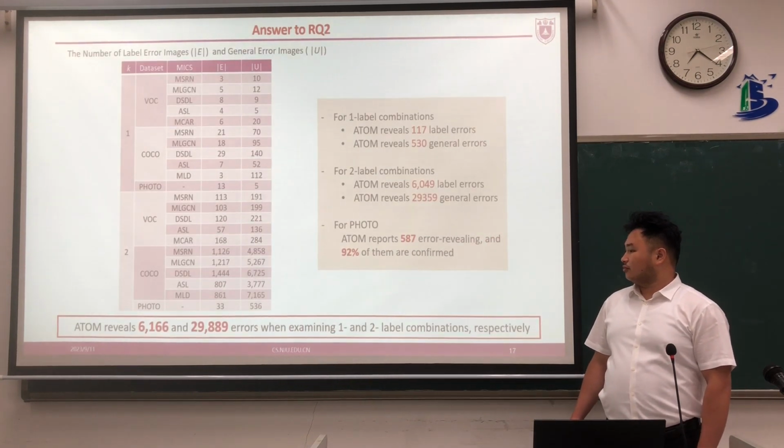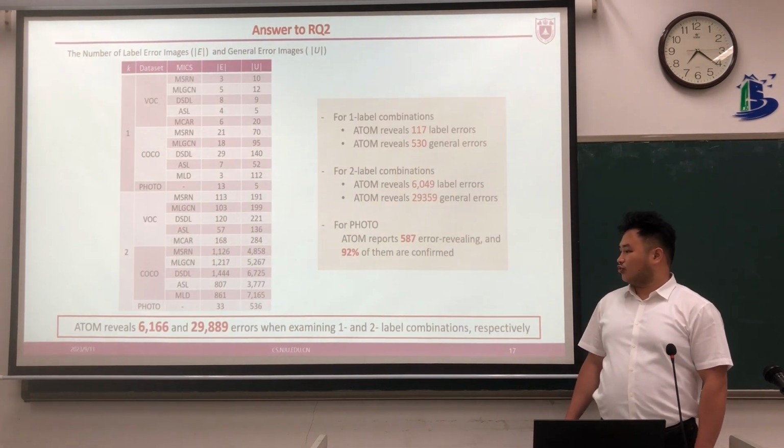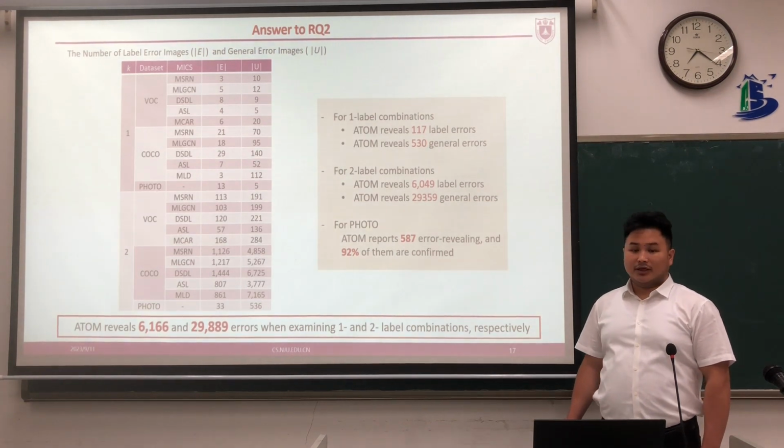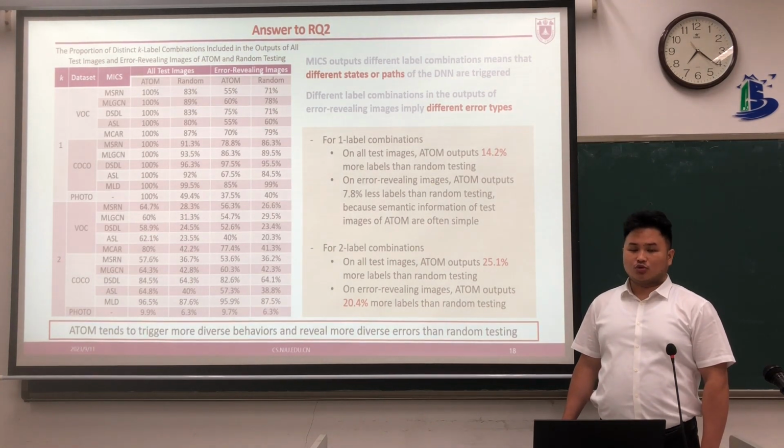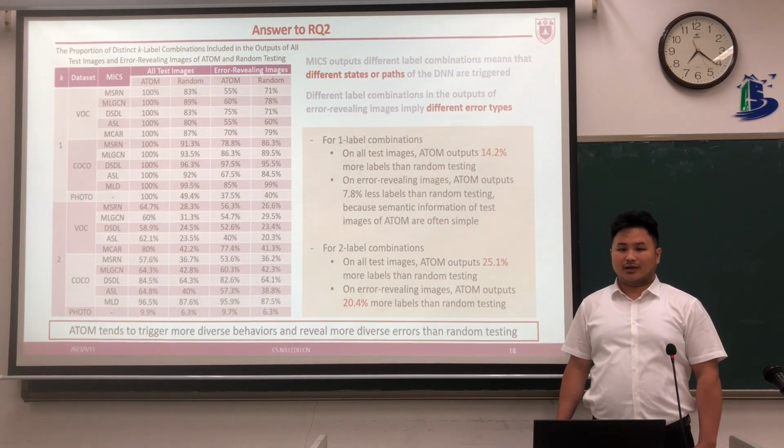For RQ2, we can see that ATOM reveals lots of errors when examining 1 and 2 label combinations. We compare ATOM with random testing because there are no existing methods designed for testing MSS.